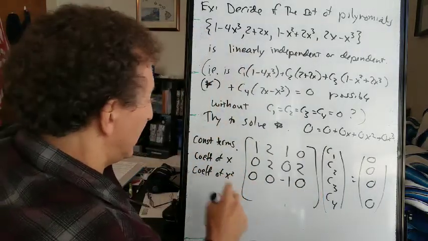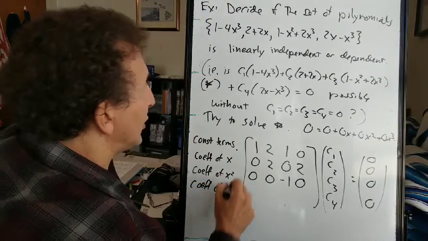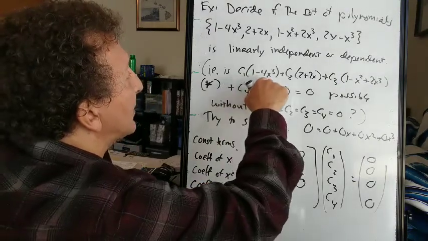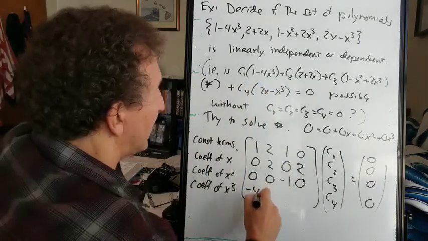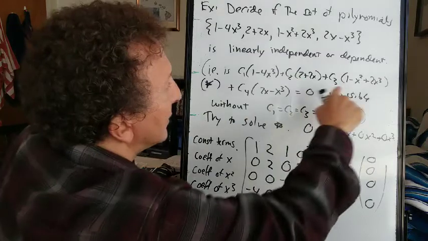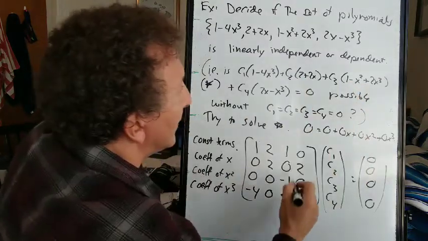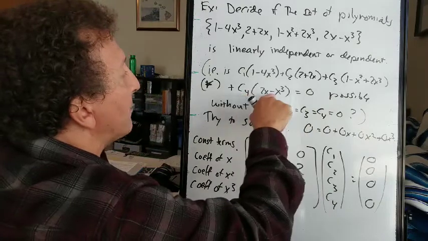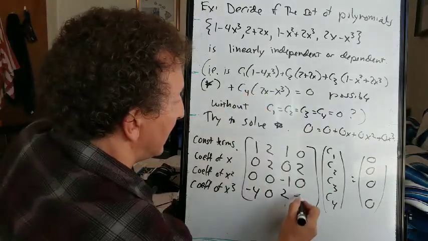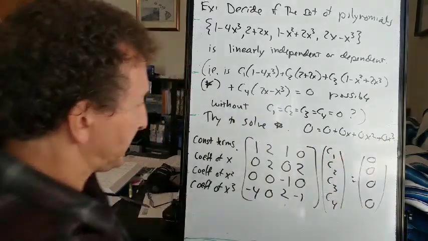And then coefficients of x cubed, we've got minus 4 c1, nothing c2, plus 2 c3 x cubed, and minus 1 c4 x cubed equals 0 x cubed.